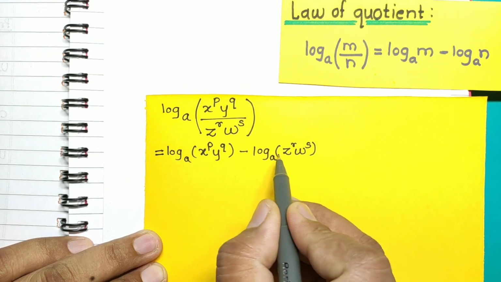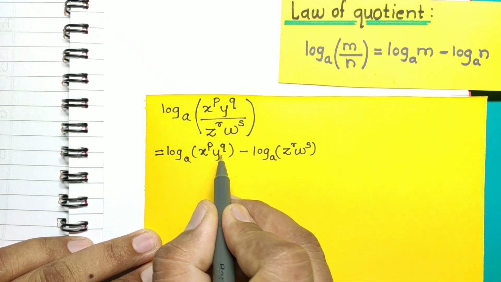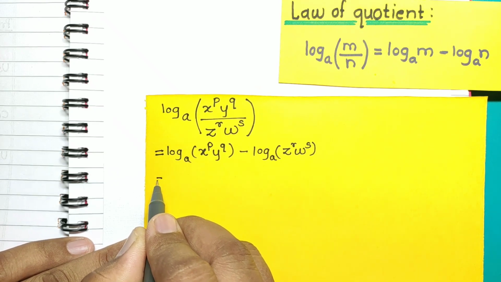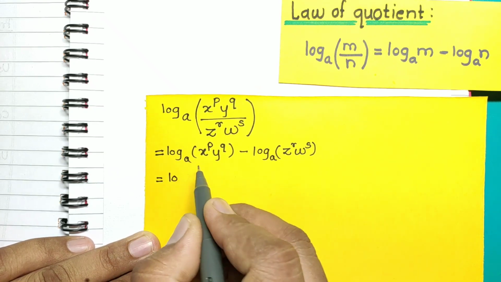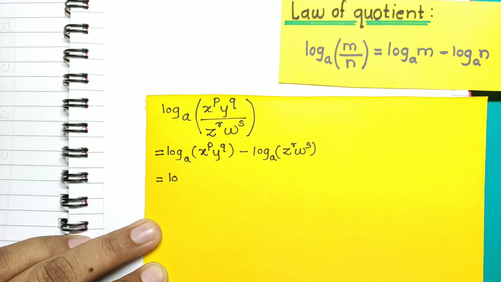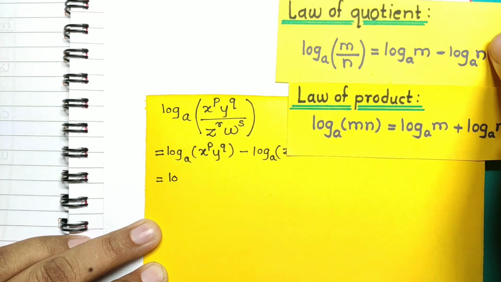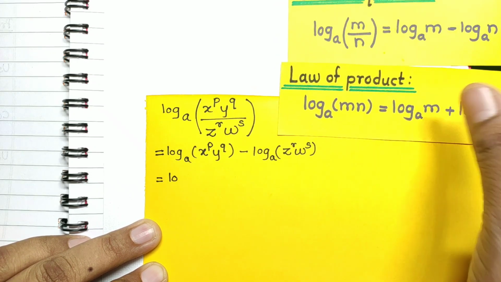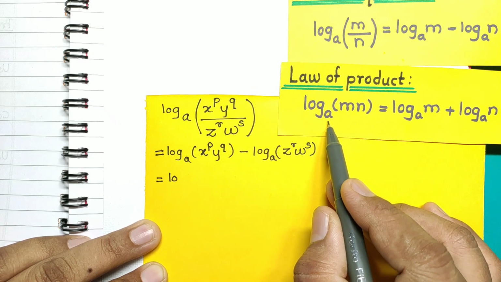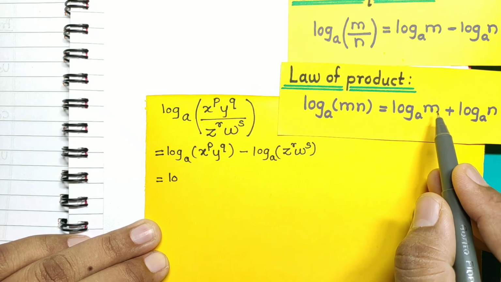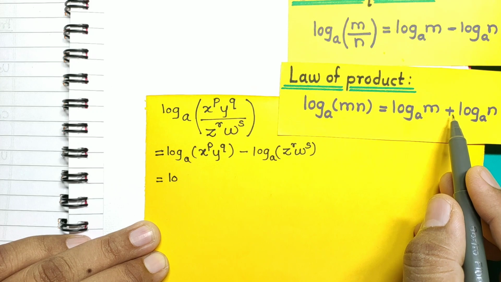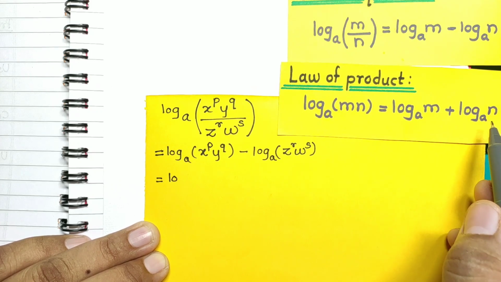Then see, these two logarithmic terms contain products. So we use the law of product. The law of product is log of mn to the base a is equal to log of m to the base a plus log of n to the base a.